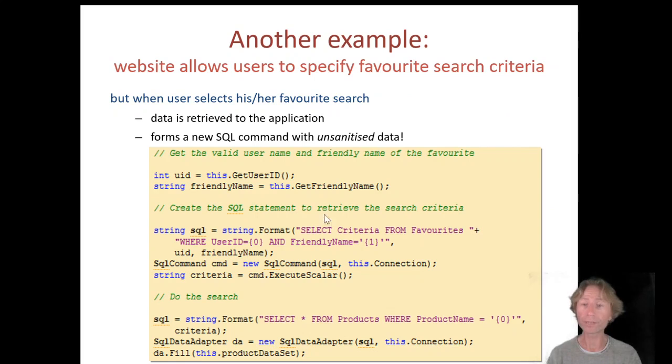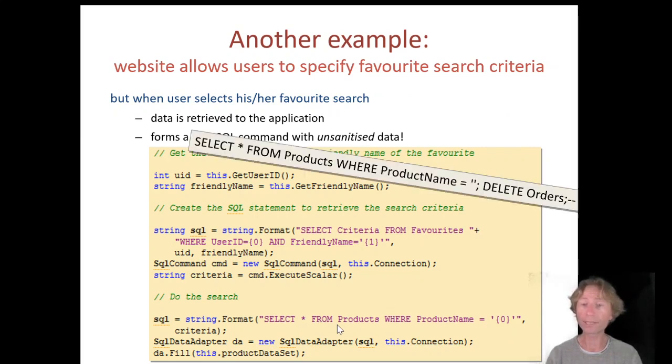So now we're using this to craft this query string, and that of course creates exactly the problem that we saw earlier. So select star from product for product name equals, and here we have our problem, right? Tick, so single quote, semicolon, delete order, semicolon, and ignore the rest.